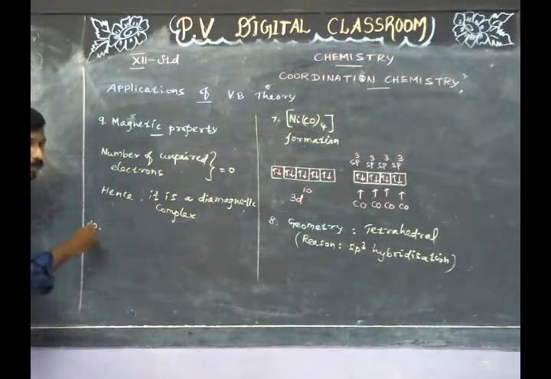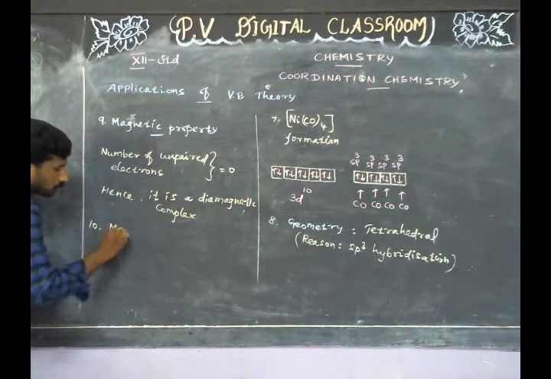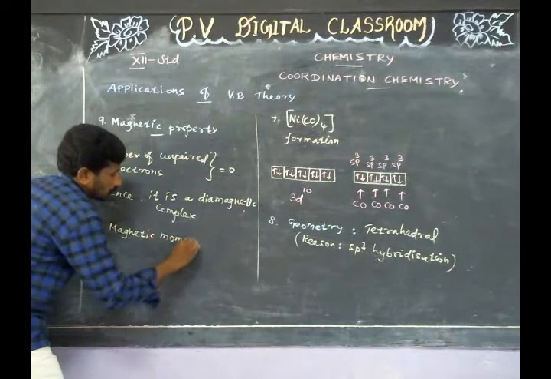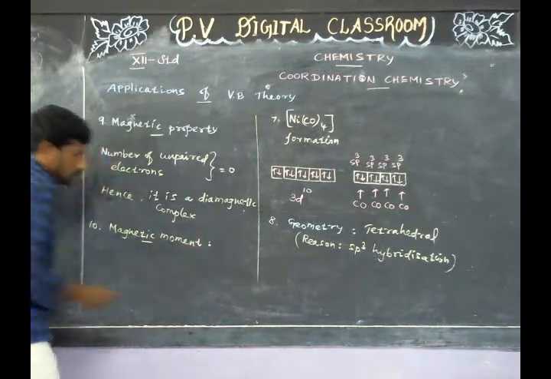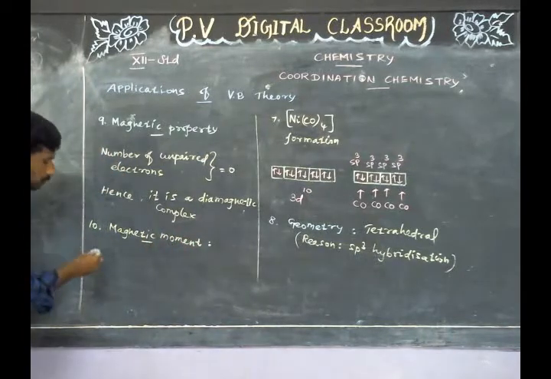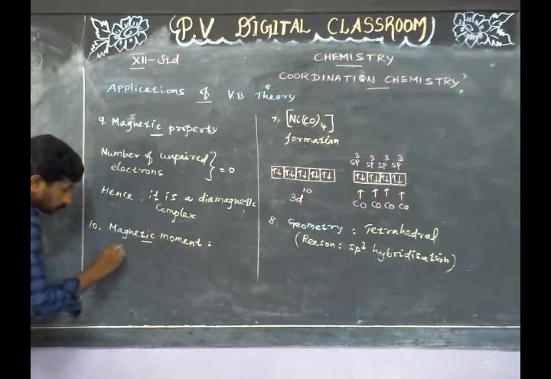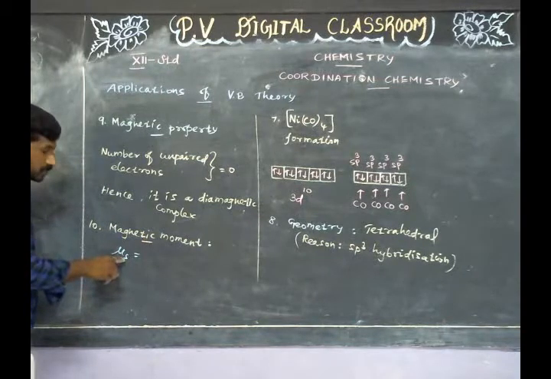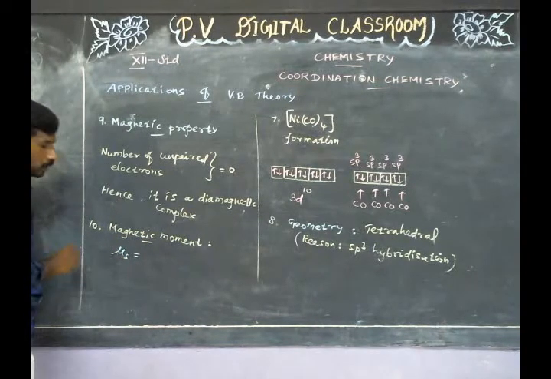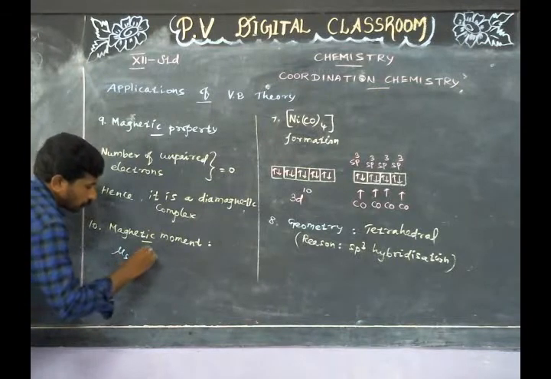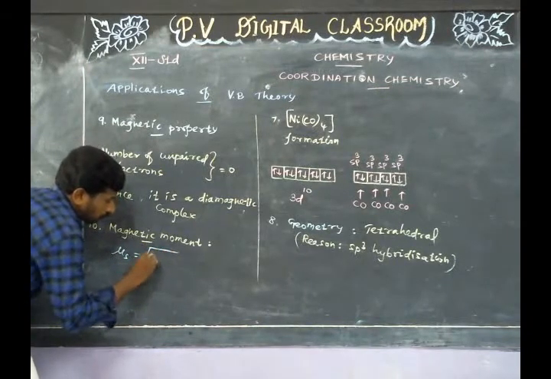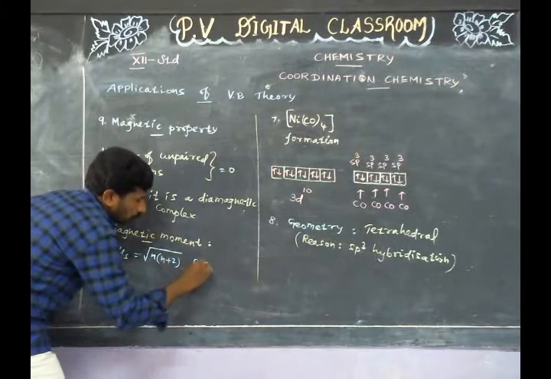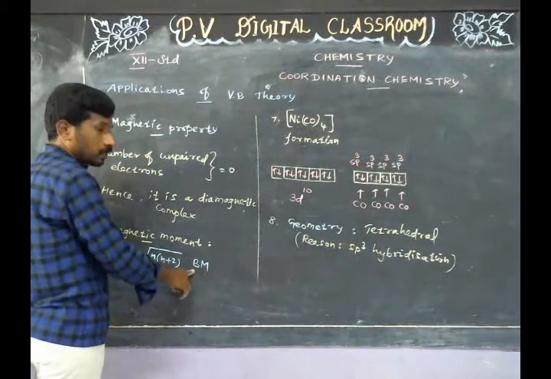Last one, spin only magnetic moment. We know that mu s, which represents the spin only magnetic moment of the given complex, is equal to root of n into (n plus 2) BM. BM means Bohr magneton.